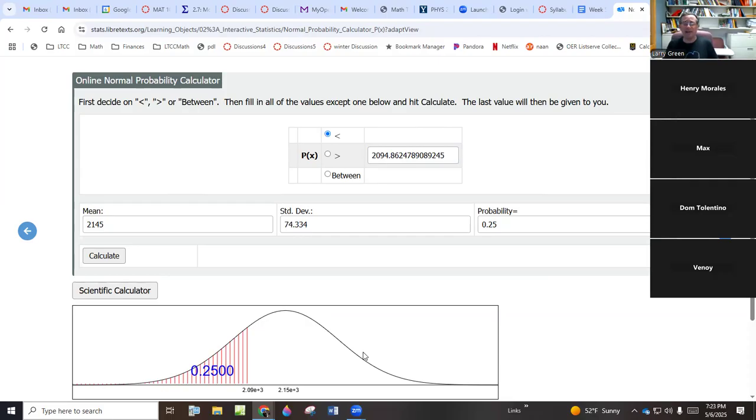Any idea how I can do that? And I'm doing this because a lot of people have trouble. Okay, so we want to look at the middle 80%. So between what two numbers will the middle 80% lie? Does that make sense? So it might be here to here, and that would mean 80% is in between.